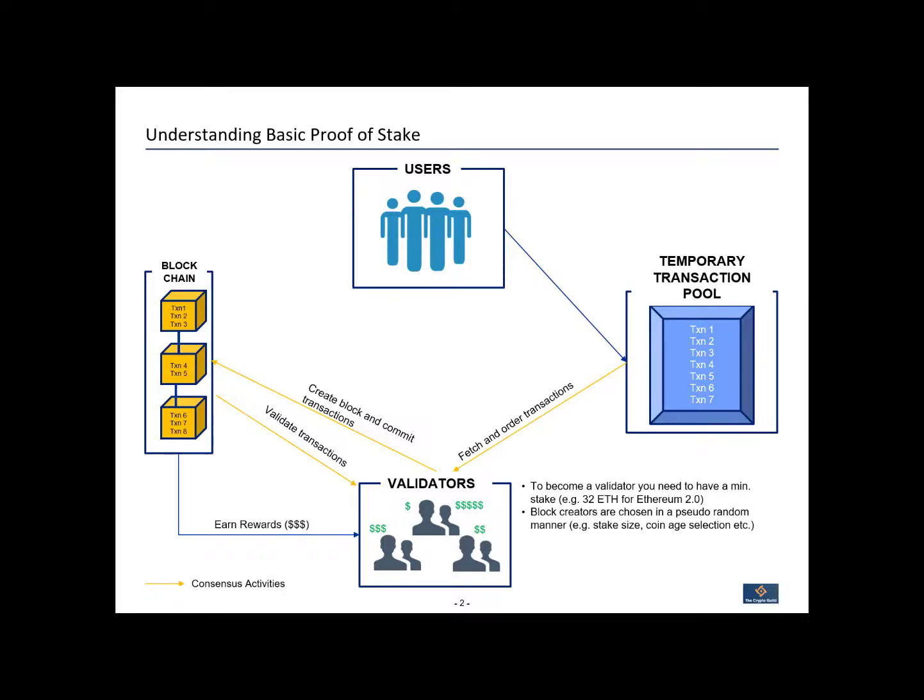So generally speaking, the network is trying to make this process as fair as possible. It uses stake size and coin age selection, but again, I'm giving you a very high level basic understanding. Different blockchains have different methods to make this fair. And as I mentioned before, the remaining validators verify the transactions that were forged by the validators who were selected previously.